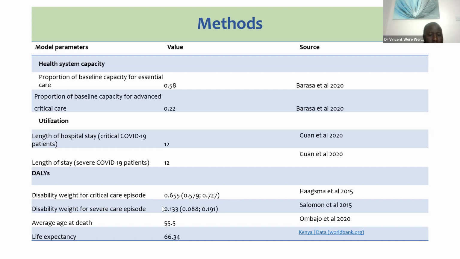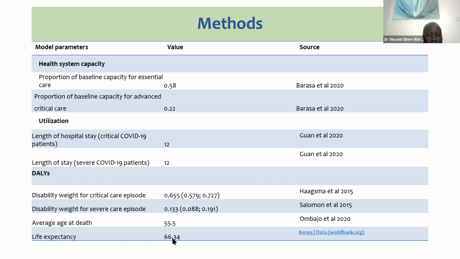And then for severe patients, we used 0.113, meaning someone with severe COVID is almost 13% likely to die. And then we use the average age at death. You can see that patients who are admitted for COVID die at 55 years, against the life expectancy for Kenya, which is 66 years.